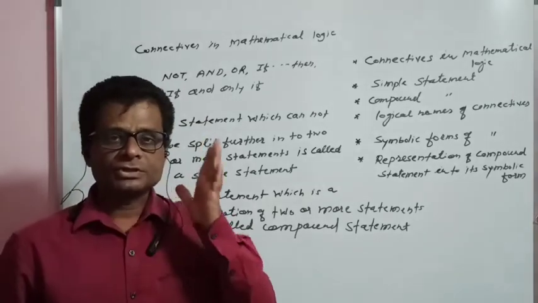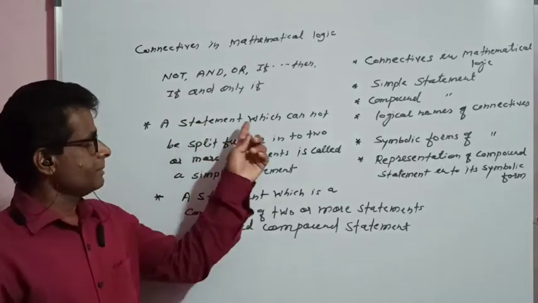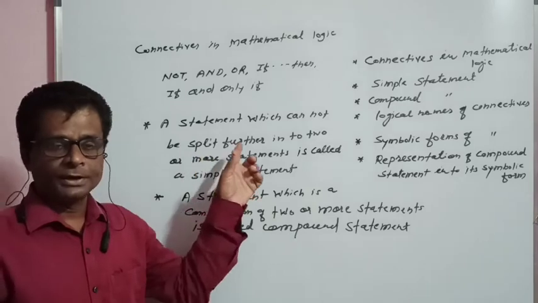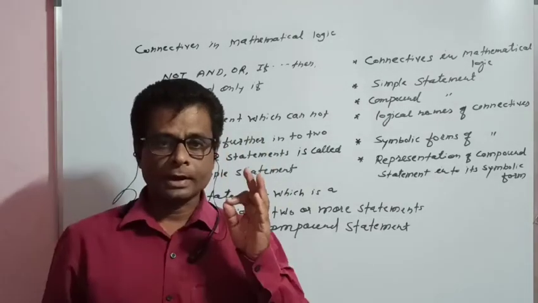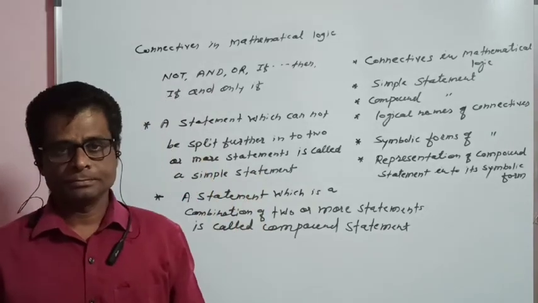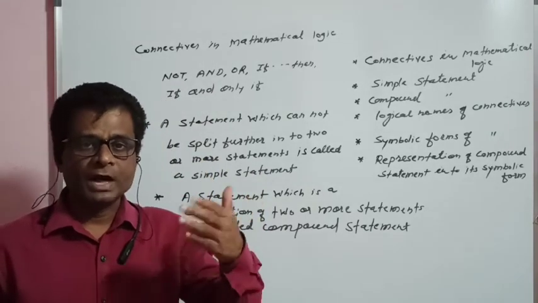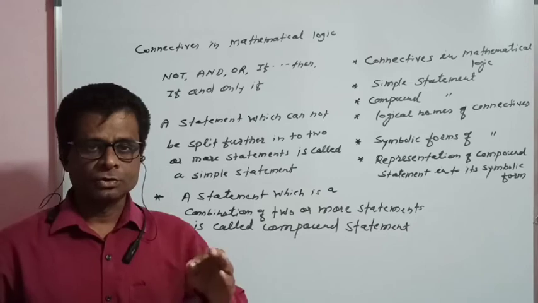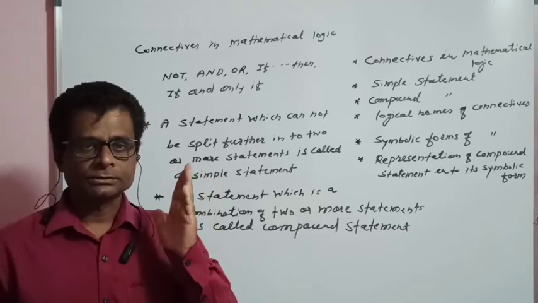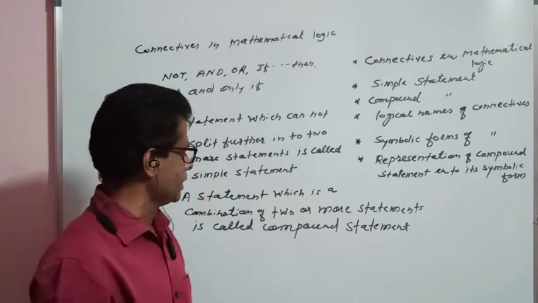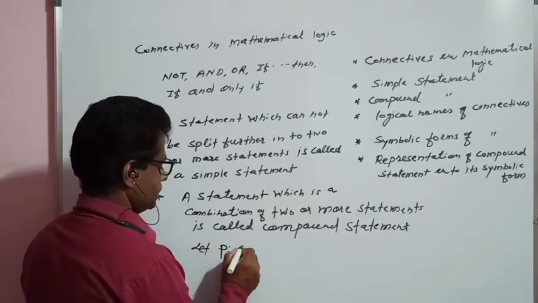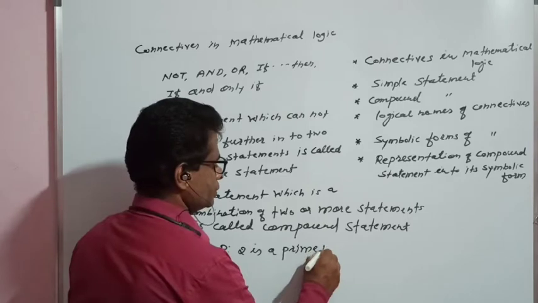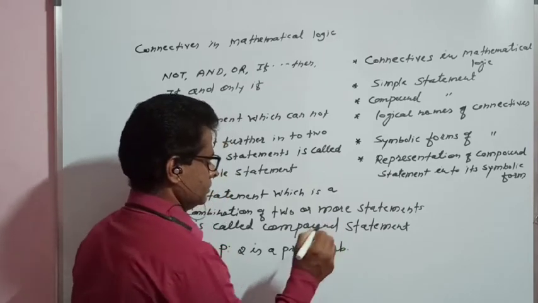Then what is a simple statement? A statement which cannot be split further into two or more statements is called a simple statement, or a statement without connective is known as the simple statement. For example, let P be the statement that 2 is a prime number.